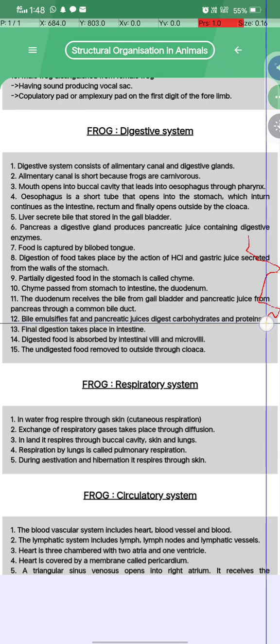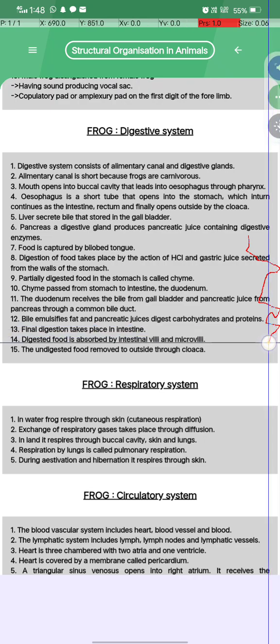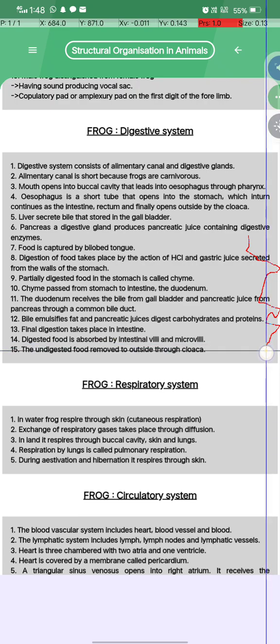Bile emulsifies fat, and the pancreatic juice digests carbohydrates and proteins. The final digestion takes place in the intestine. The digested food is absorbed by the intestinal villi and microvilli. Undigested food is removed to the outside through the cloaca.